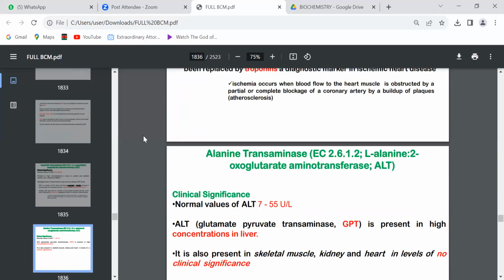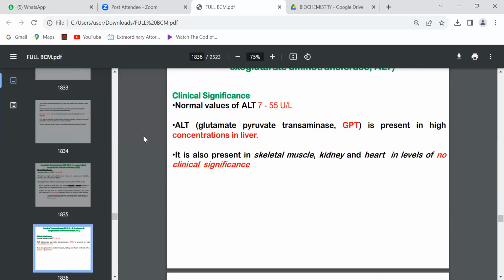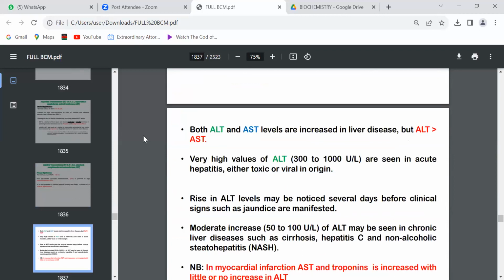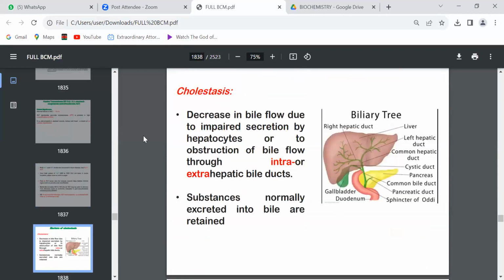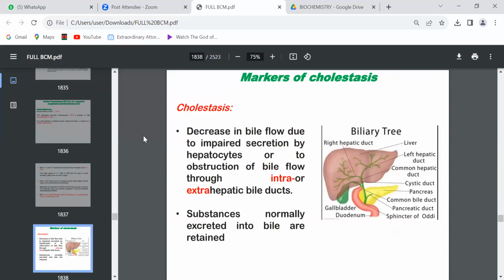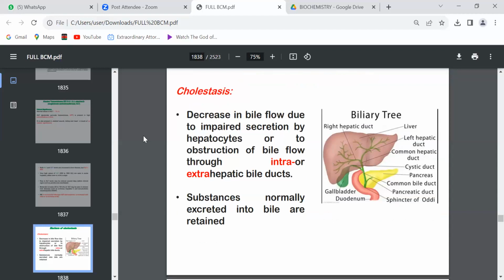Also, when we are doing specialized tissues, like the liver, of course we'll talk about the whole cholesterol thing, what enzymes are elevated, what are not. So we'll still look at some of these enzymes and their clinical implications.